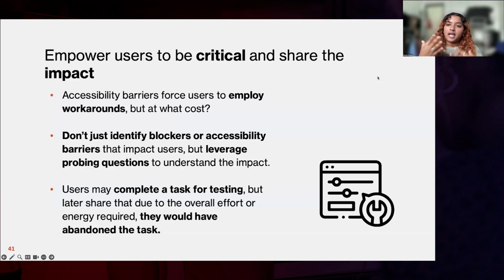So it's really helpful to dig into that, even if users are successful at finishing something or are able to work around something, following up and asking, how did that impact you to use that workaround? Did that add fatigue? What was that like for you? And exploring that a little bit.